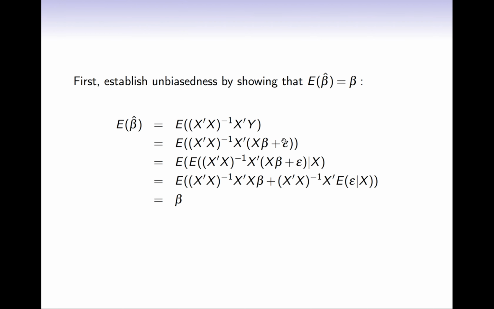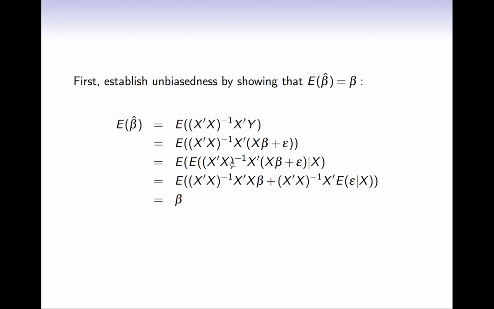X is random and epsilon is random, so we're taking the expectation over both. What we can do is break it down: first, take the expectation over epsilon given x, and then take the expectation over x. So here we broke down the expectations, and the next slide will show why it's valid to do this.